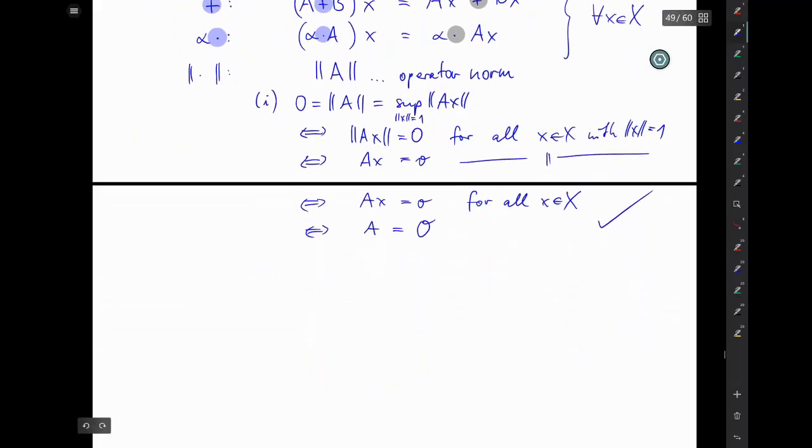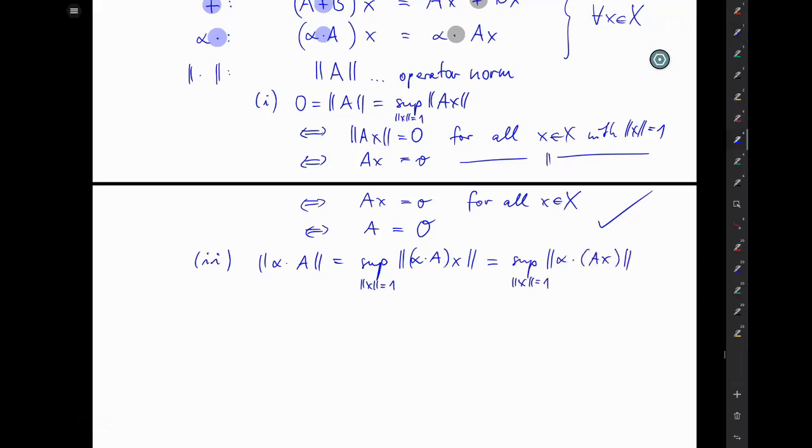Let's come to the second axiom of norms. We have to check compatibility with alpha times. So the norm of alpha times A is, by our definition, just the supremum of the norms of this new operator alpha times A when applied to little x's that have norm 1. But now of course you can rewrite this as we defined the operator alpha A to act on little x's.